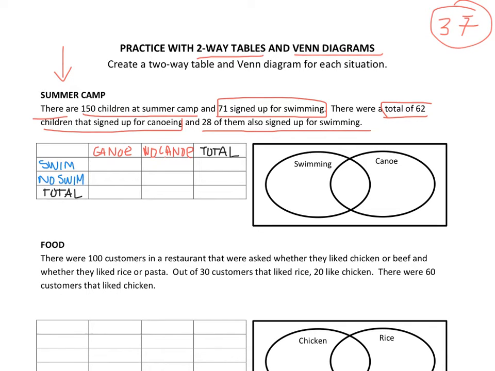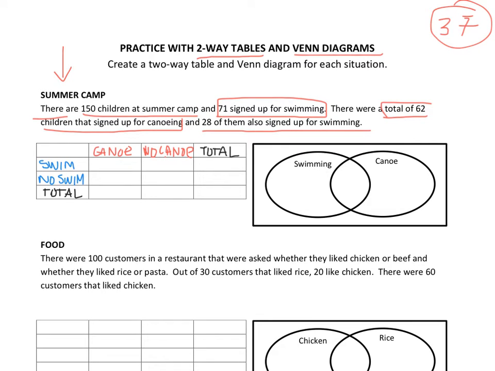Okay, so this is what our two-way table says. We're going to list here all the information about kids who signed up for canoeing, and all the information about kids that signed up for swimming here. And believe it or not, with just these two sentences, we're going to be able to fill in this whole table. So let's start off. Here it says there are 150 children at the summer camp altogether.